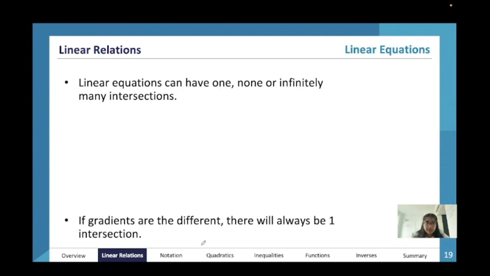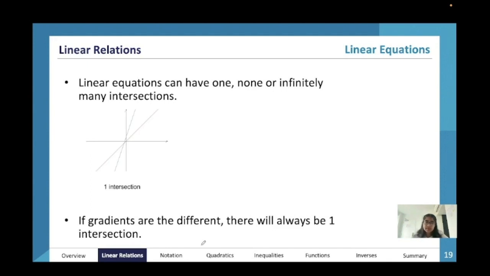Okay, so linear equations, you can have one, none, or infinitely many intersections. I should clarify that let's say you have 2 linear equations. When you plot out those lines, you can have one intersection between those 2 lines, no intersection, or infinitely many intersections.